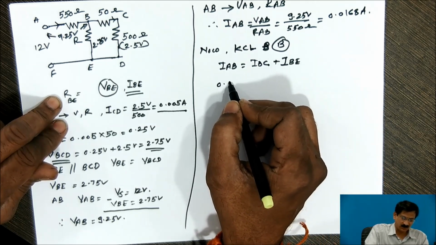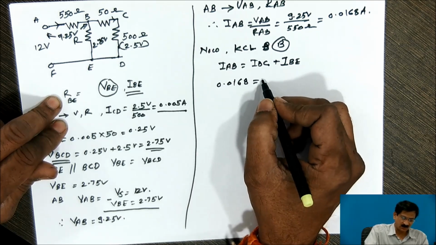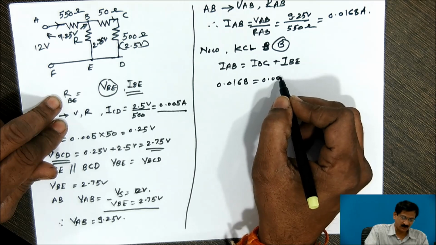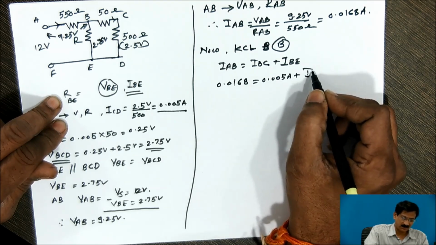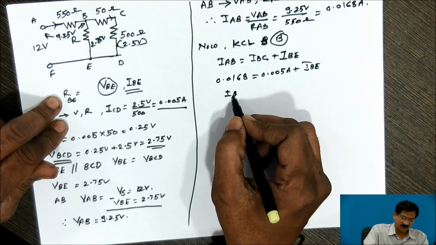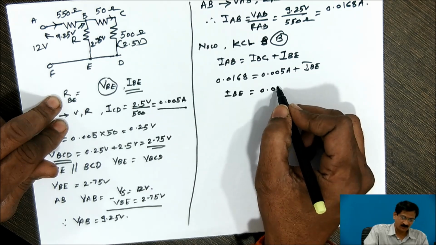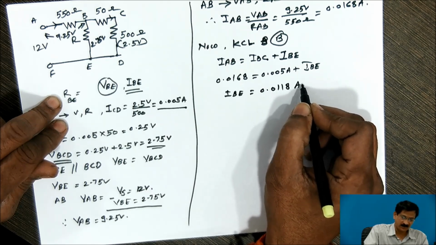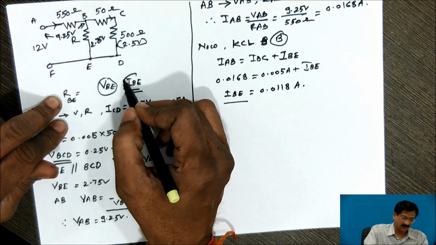It is 0.0168. IBC is 0.005 ampere, and the unknown current is IBE. With this, I can find out the value of IBE, and it comes out to be 0.0118 amperes. So finally I got the value of IBE.